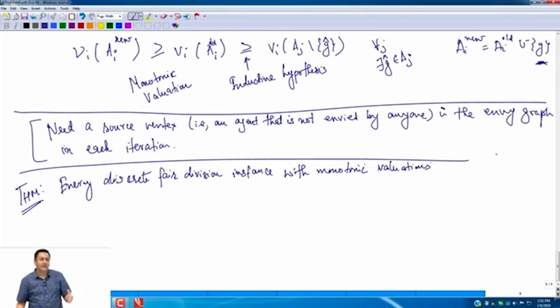All you need is the fact that if I give you a bigger set, a superset of something, your valuation does not decrease. And it's exactly used here in the observation. All I'm going to do is use this assumption: if I increase your set in a containment sense, then the valuation does not decrease.